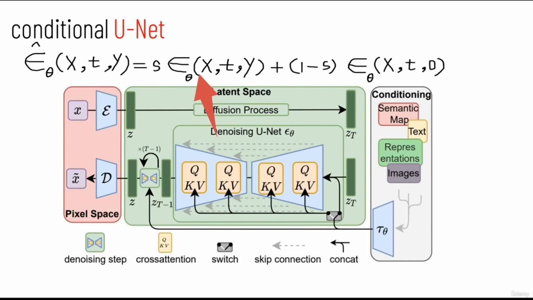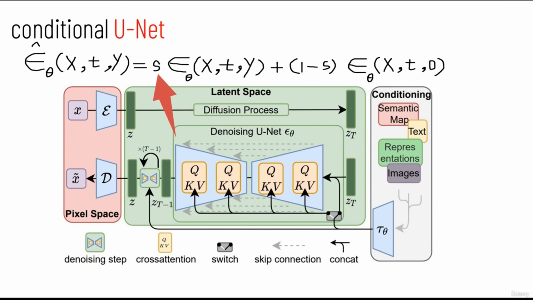Firstly, we will pass xt, the time step that we are in right now, and the condition, and we will get the epsilon value. And we will do the same thing, but now without condition. We will pass the value of xt and the time step that we are in, but we will not pass any condition to our neural network, and we will get the predicted epsilon.